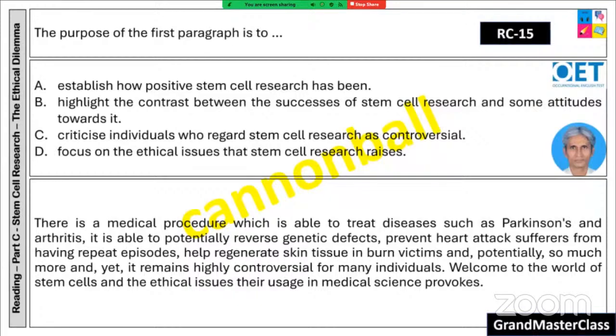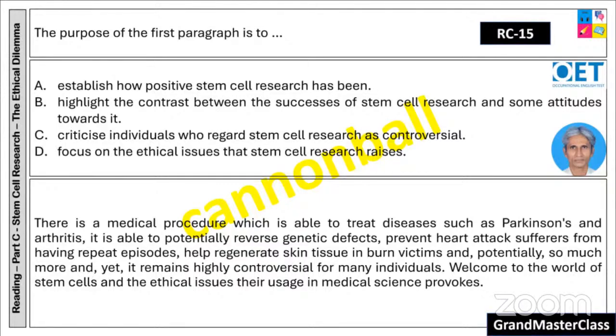Yes, sir. What I feel is that in the last sentence, we can read that welcome to the world of stem cells and the ethical issues their usage in the medical science provoke.